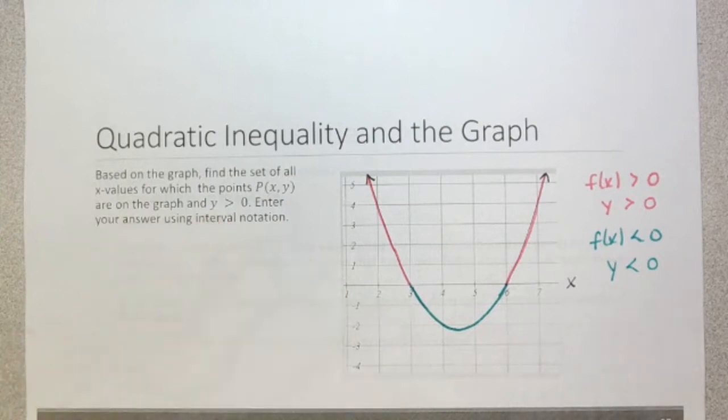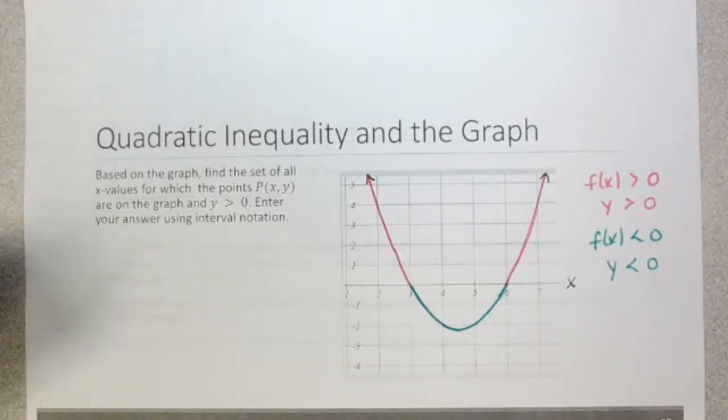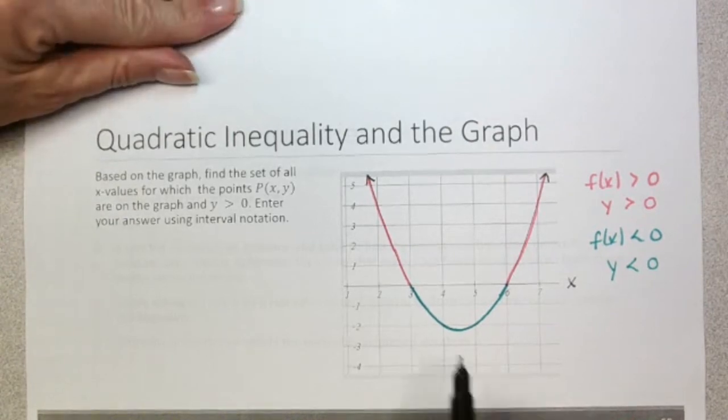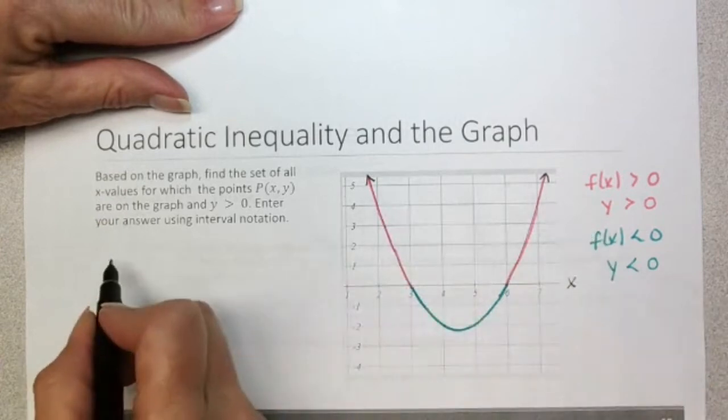Okay, and write your answer using interval notation. All right, so for this particular graph, this is a very specific way of saying where is that function positive, or where is that function greater than 0. Well, that function is greater than 0 everywhere the graph is pink.